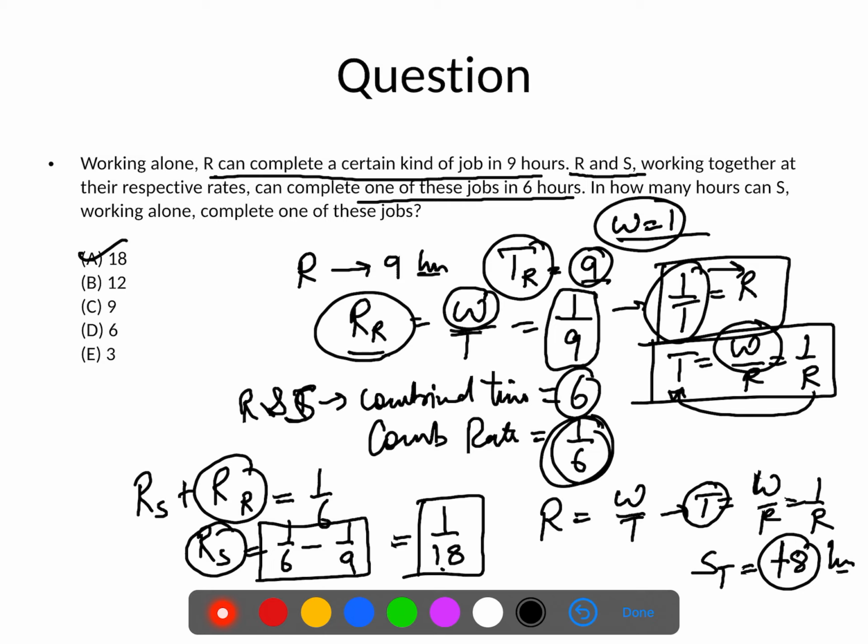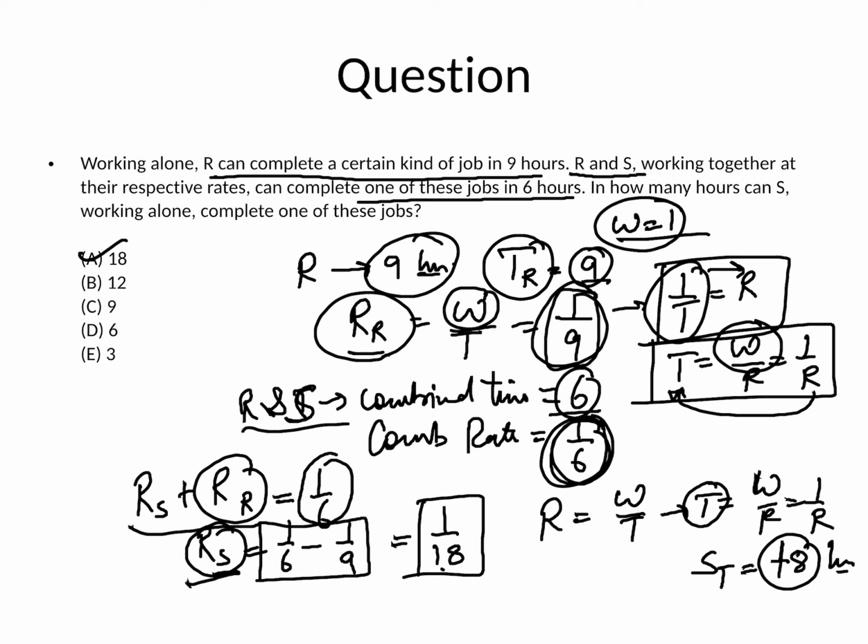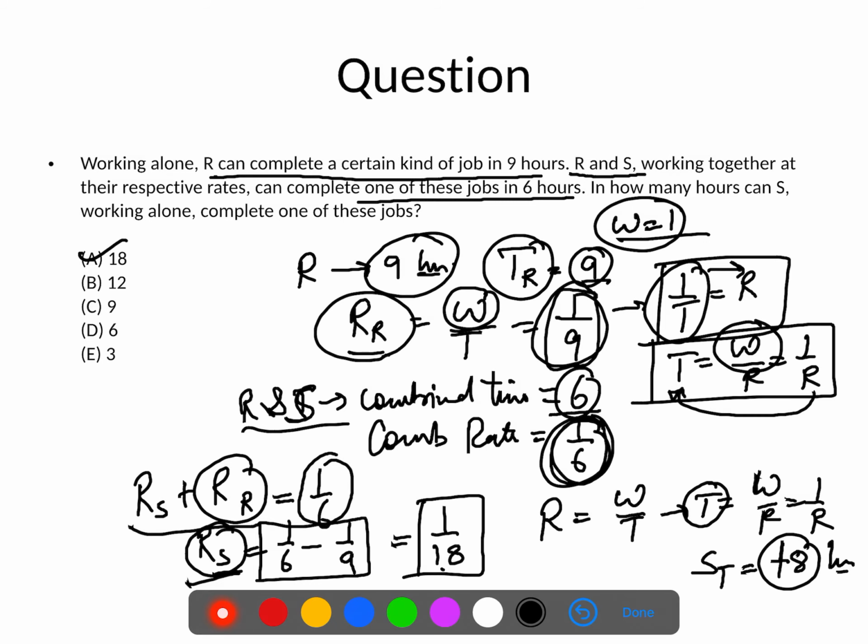Timing is given as 9, so rate would be 1/9. Combined time is 6 hours, so combined rate is 1/6. So the rate of S is 1/18, so time taken would be 18 hours. So we can do this question this way.